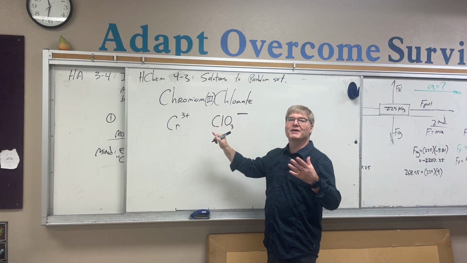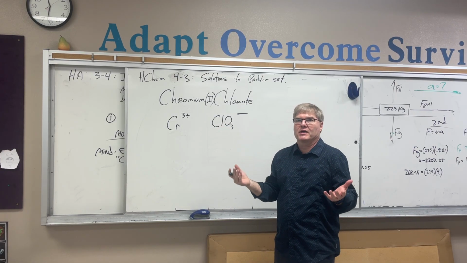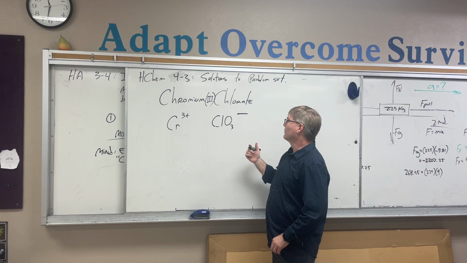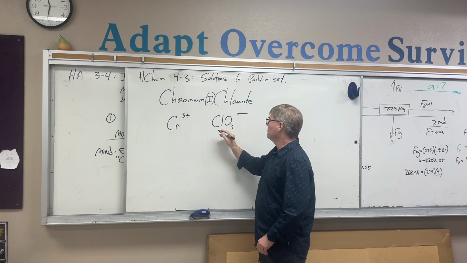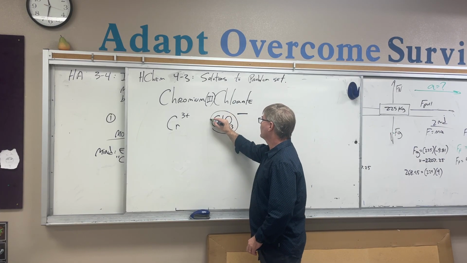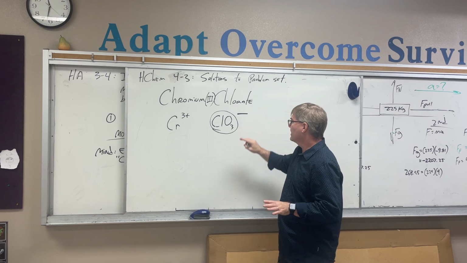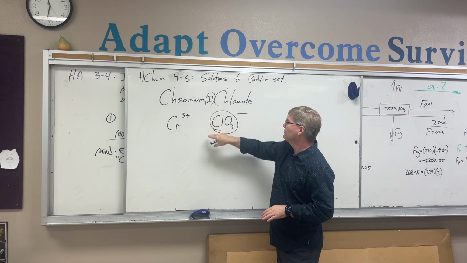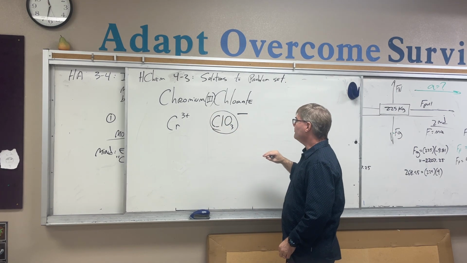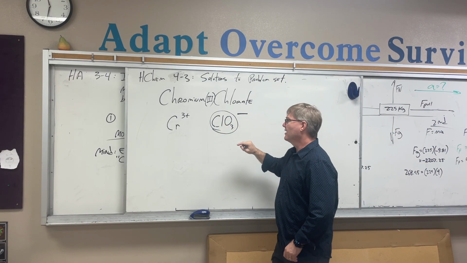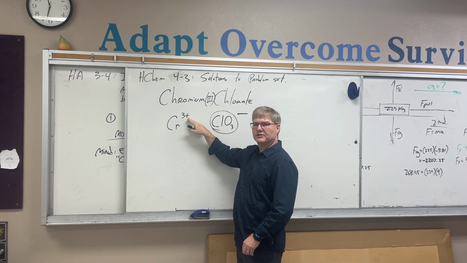And so therefore it will behave like a negative ion and will stick to positive things. So the trick to remember here is that we're going to treat this formula like one thing, and I'm going to use corner symbolism around that formula. This whole formula is a 1 negative ion, and chromium is a 3 positive ion.